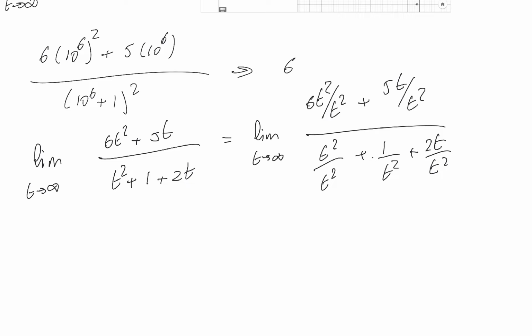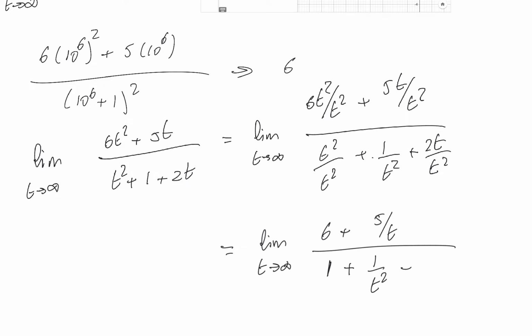Now this would be the limit when t goes to infinity of 6 plus 5 divided by t, over 1 plus 1 divided by t squared plus 2 divided by t, because 2t divided by t squared is 2 divided by t.